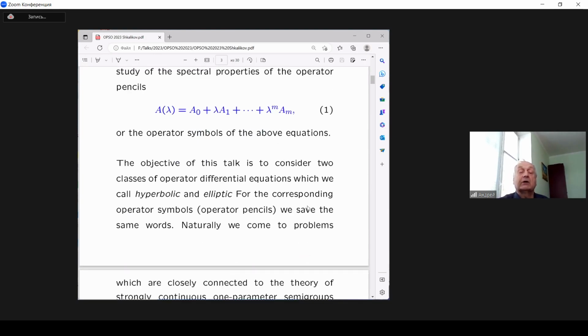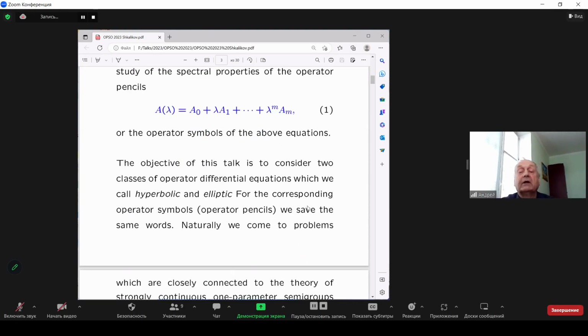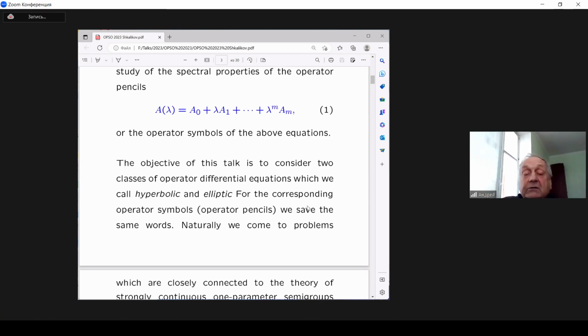As I told, the first part will be a general one, and the main objective of the second and third parts is to consider two classes of operator differential equations, which we can call hyperbolic and elliptic.